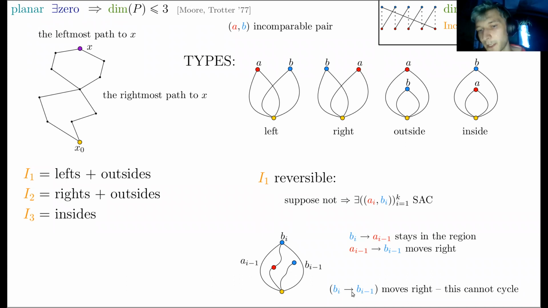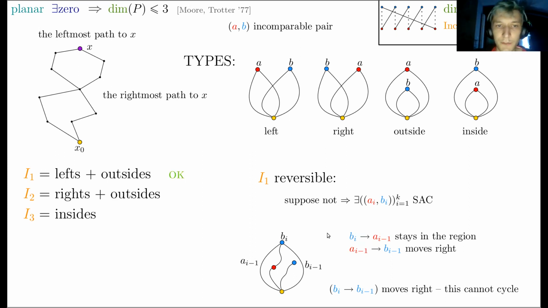Then BI to BI minus 1 in some sense moves right, but this cannot cycle. Because this is a cycle, I did it for every I, and this cannot cycle. That's maybe some justification why this thing is called an alternating cycle.